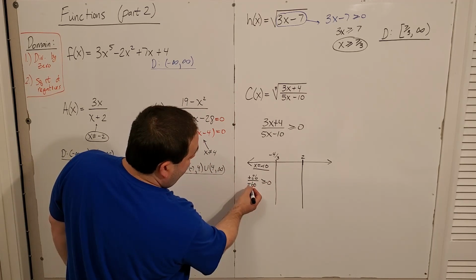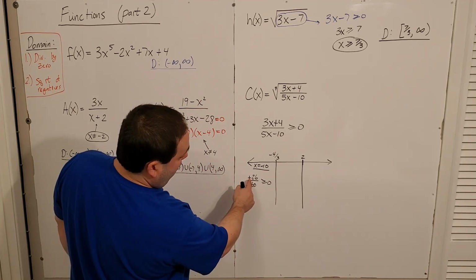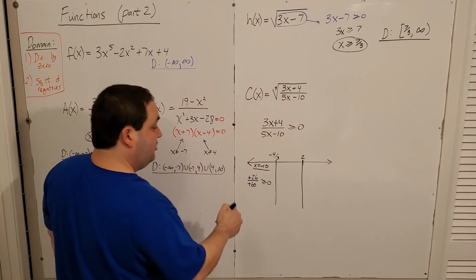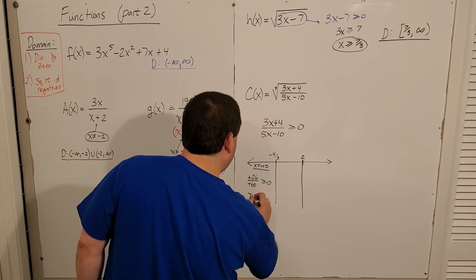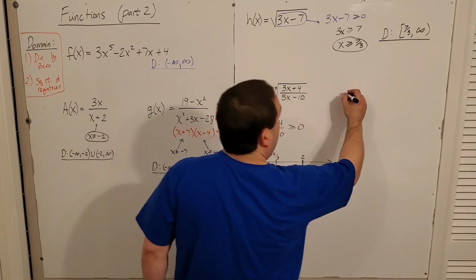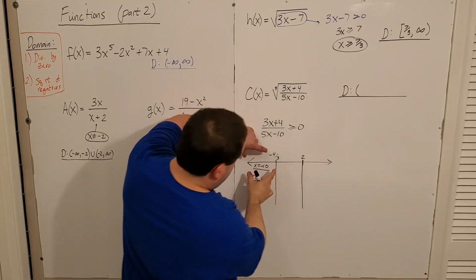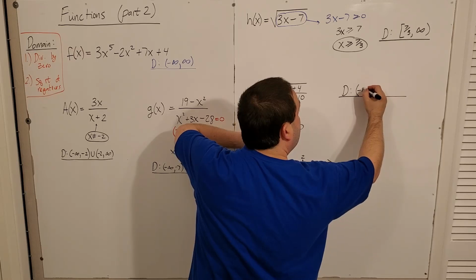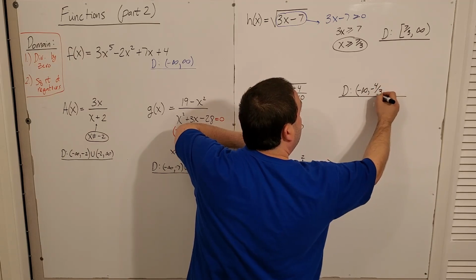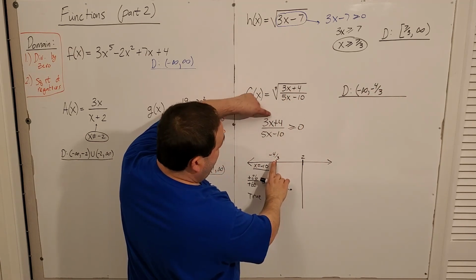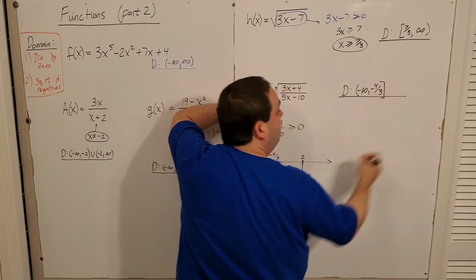Double negative, right? These are both positives now. So a positive number bigger than 0, that's true. Okay? So my domain, I've already got a start on it. This section right here is negative infinity all the way up to negative 4/3. And we said it was okay to have the negative 4/3.